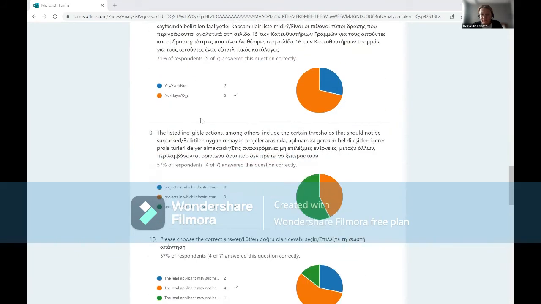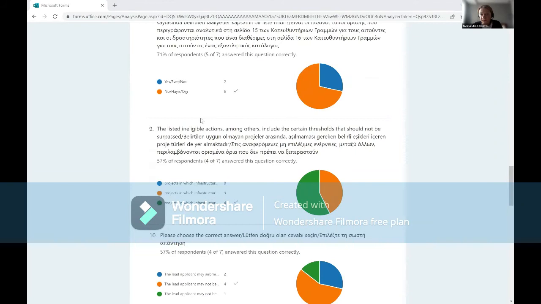Ineligible actions include certain thresholds that should not be surpassed. For infrastructure, this is 10%. This confused you a little bit because we are seeing a few wrong answers here. What does it mean? It means that only 10% of your direct eligible costs can go to infrastructure, not more than that. So if you are planning a project which includes a significant amount of infrastructural work, this is really not the call for you.